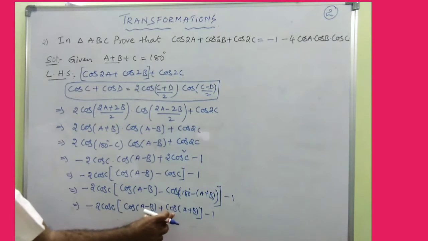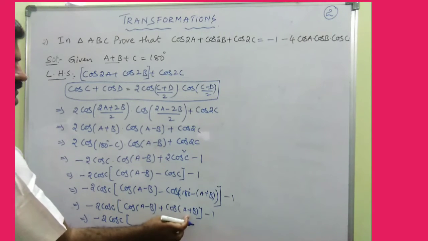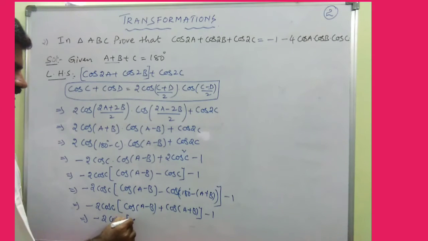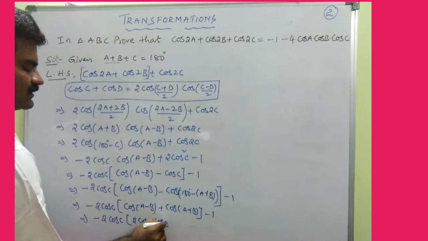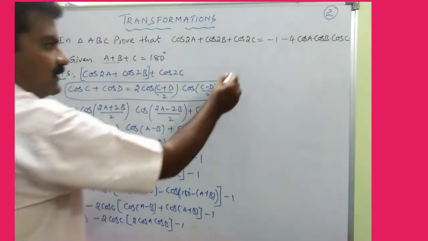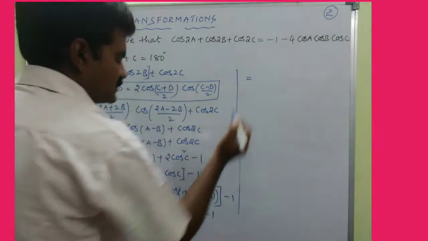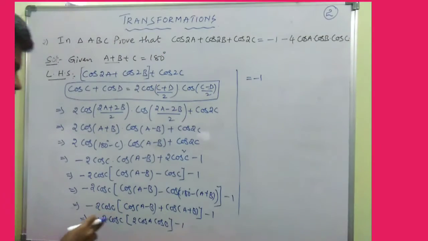What about this? Minus 2 cos C into cos of (A plus B) plus cos of (A minus B). The formula is 2 cos A into cos B, and moreover minus 1. Hence, which is equals to, I just want to write minus 1 first, minus 1. And what is this?